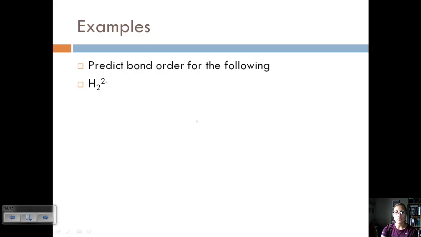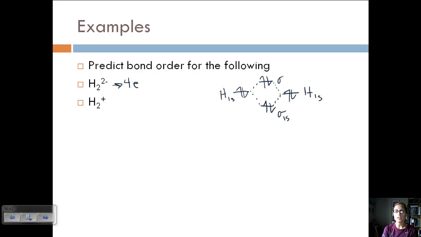Okay, so let's predict the bond order for the following. Let's do H2 2- first. H2 2- contributes 4 electrons. So let's draw our orbital. We've got our H1s and our H1s, and if we've got 4 electrons, we have 2 in the lower energy sigma 1s, and we have 2 in the higher energy antibonding 1s.